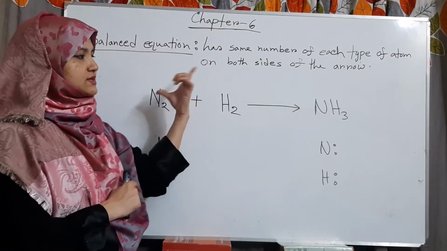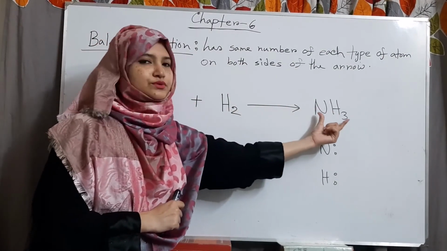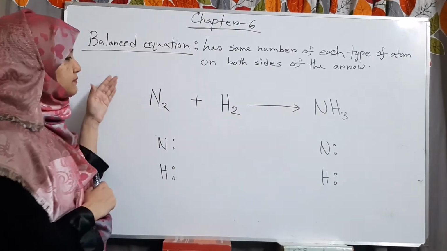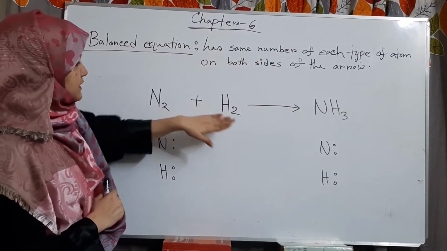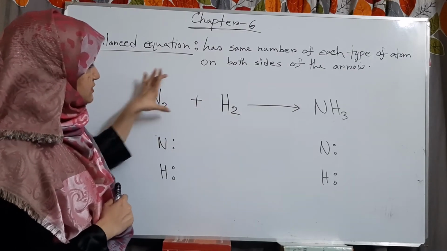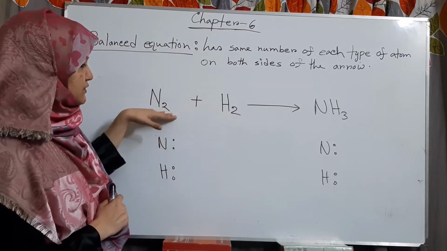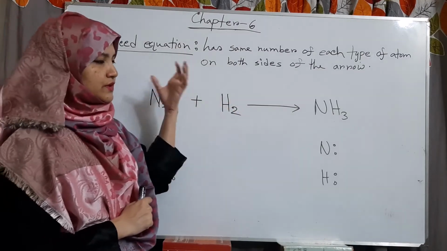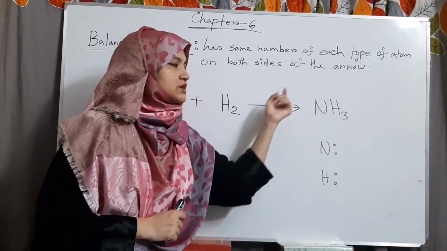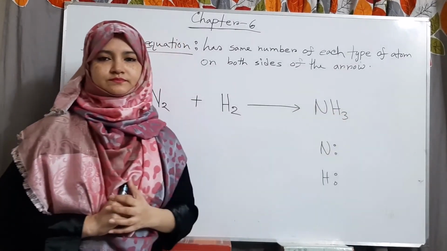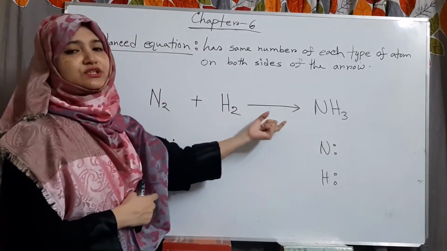These are reactants, and after the reaction they produce products. That means the same number of each type of atom. Here, the numbers of nitrogen and hydrogen atoms will always be the same, which are present in this ammonia.